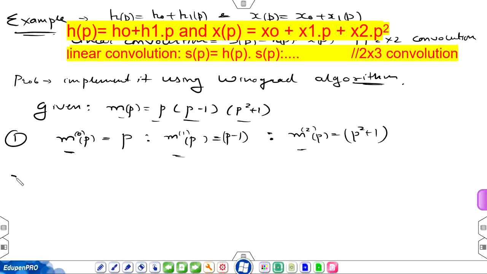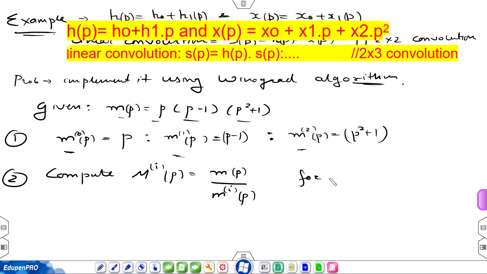Okay, so in step 2 you have to compute capital M i(p), that is given by small m(p) divided by small m i(p), for i equal to 0, 1 and 2, because this is factorized into three different factors.